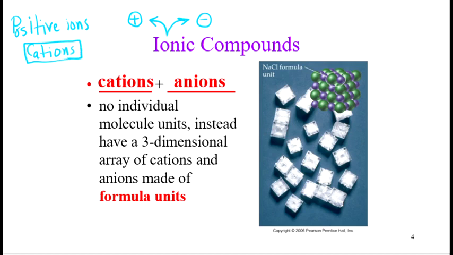So let me work on this terminology. And negative ions, we call them anions. So please memorize this one. I prefer to use these terms, cation, anion. I don't want to say positive ions, negative ions.